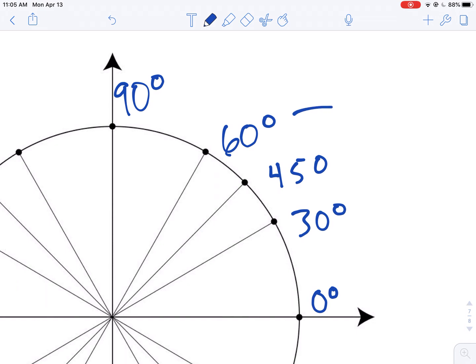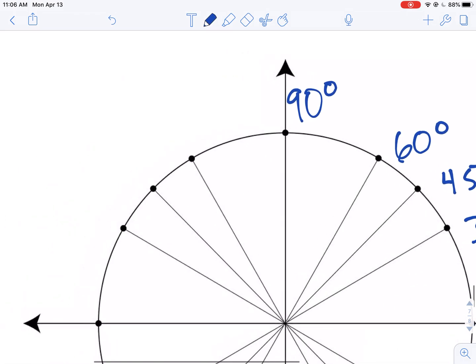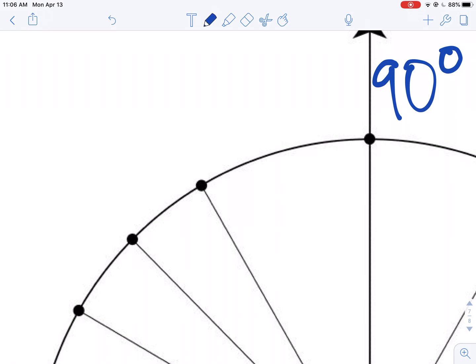And then I've got a 30-degree difference between this 60-degree and this 30-degree angle here. I've got a 45-degree difference between that first angle and the middle angle of each quadrant. And then finally, I've got a 30-degree difference between my axis and my next angle. So whenever I move from an angle to an axis, I'm moving 30 degrees, and the middle to that axis is 45 degrees. So I'm going to add 30 degrees here.